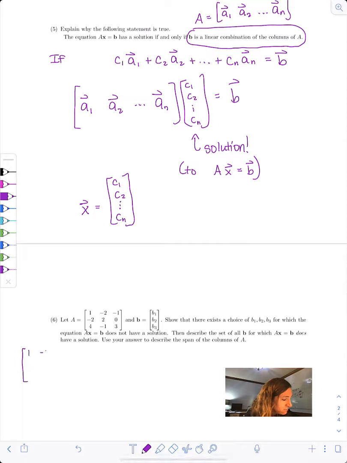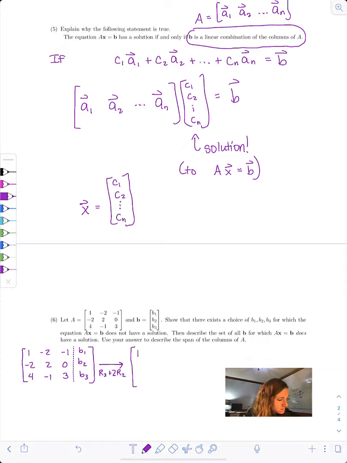Well, in order to find a solution, we generally need to take our augmented matrix and start row reducing. So let's do that. We have b1, b2, b3, and we're going to row reduce. So let's first take our third row and add 2 times our second row.